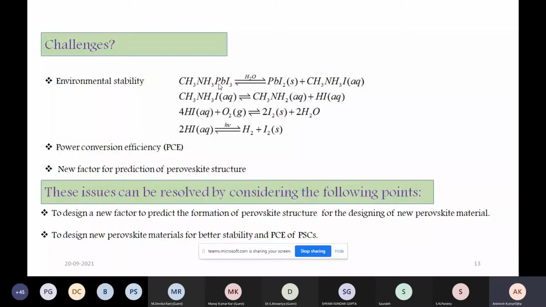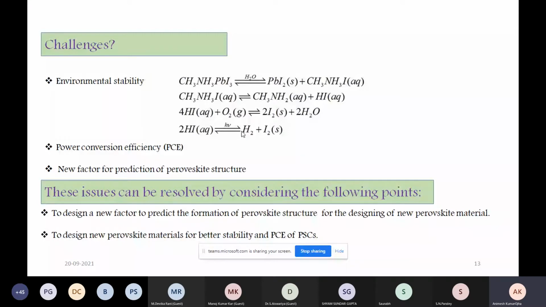This splitting happens because of the water present in the environment. So this is the perovskite solar cell. If you use it at room temperature, it will degrade over time. So this has to be protected if you want to commercialize the perovskite solar cell.